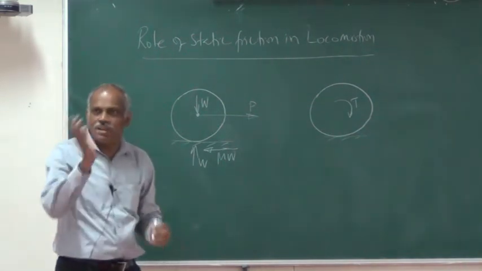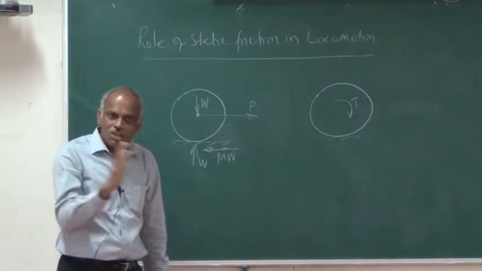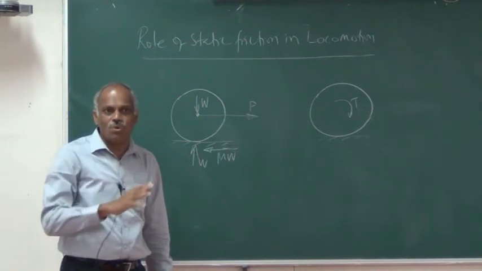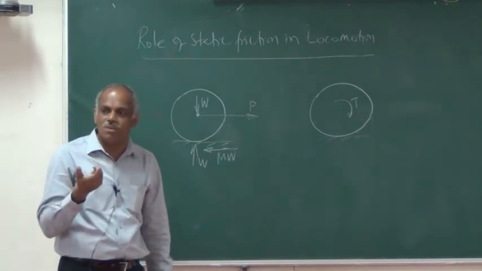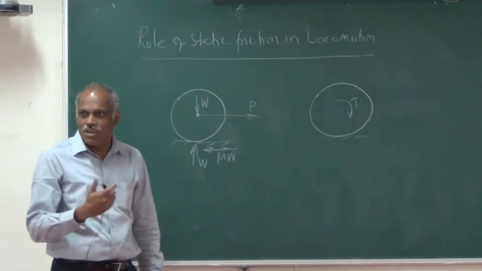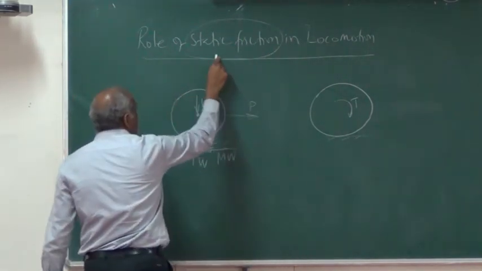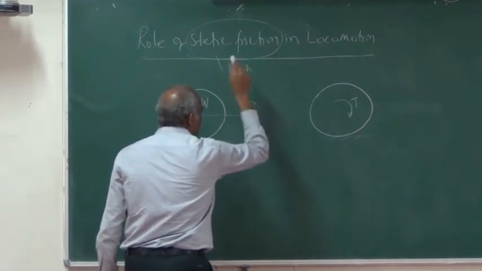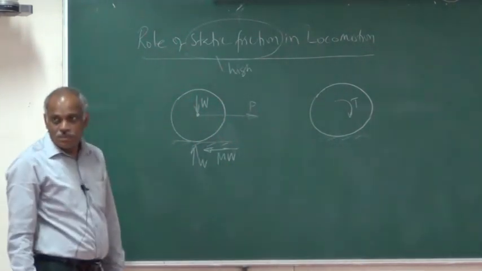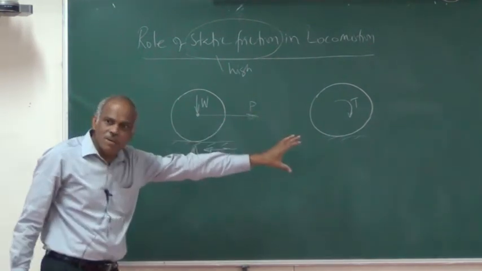In the case of tipping and sliding, the sliding should not occur, the tipping is equal to rolling, so that means the static friction must be high to ensure rolling. If it is not high, sliding will be permitted.